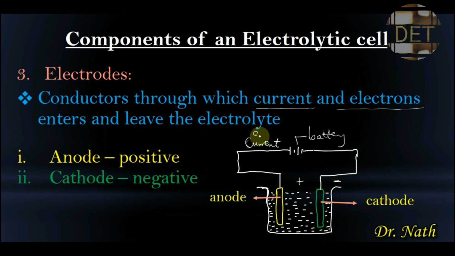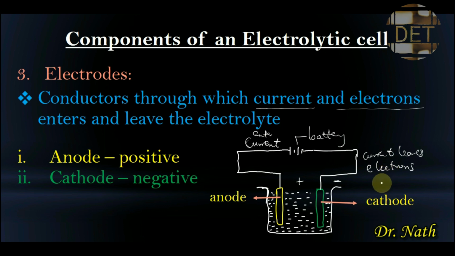So current enters through the anode, while the current leaves through the cathode. The current that has been conducted into the electrolyte via this anode will leave the electrolyte through the cathode. And one more important thing that occurs as this process is going on is that electrons will enter into the electrolyte through this cathode, and they will be conducted out through the anode.